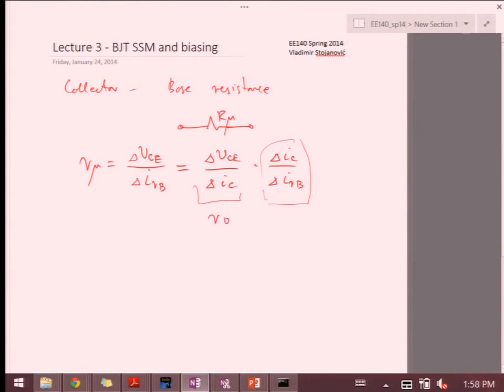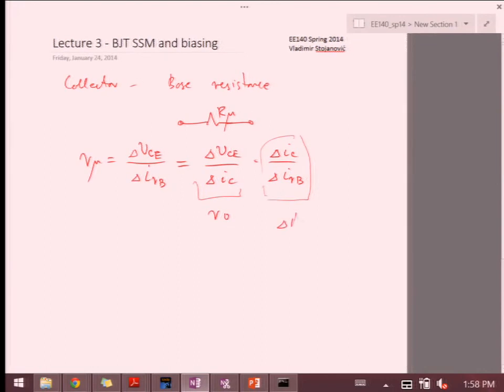If I was looking at a change of IC over IB, then I know that's beta 0. Right? So delta IC over delta IB, we already know that's beta 0. So I need to figure out what this is. Is this bigger or smaller than beta 0? What do you think?